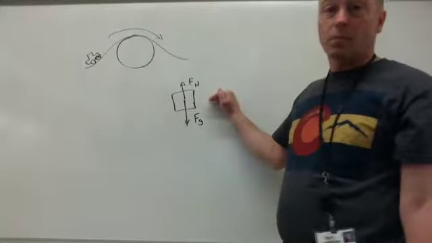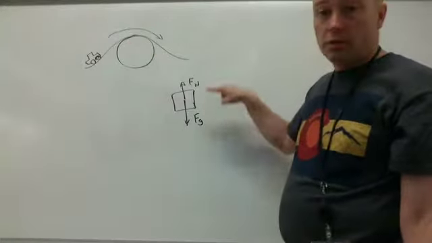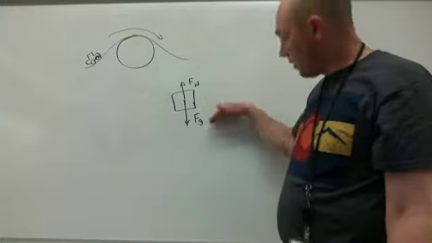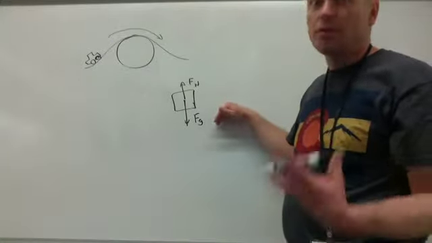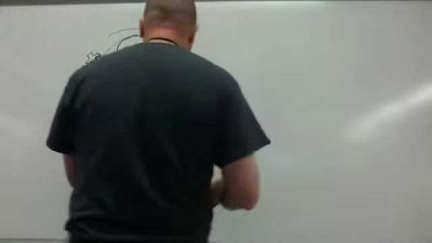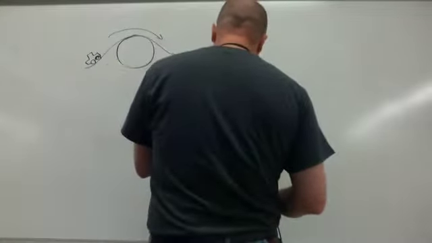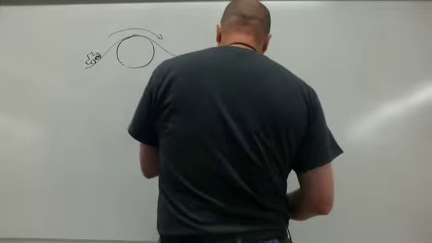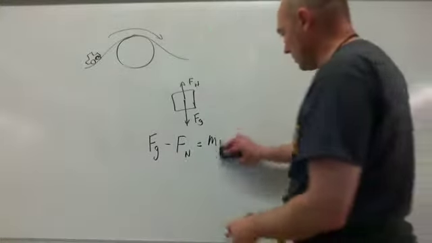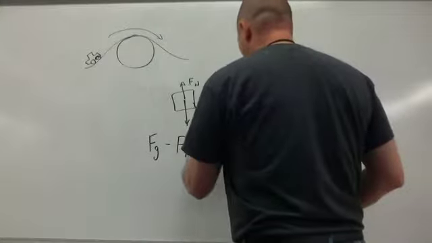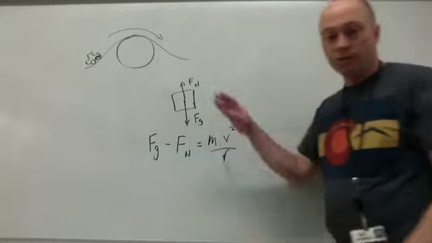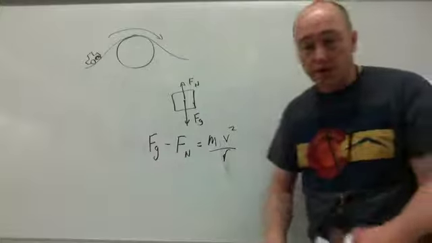So Fg minus Fn equals m a_c, and remember a_c is just v squared over r, linear speed squared divided by the radius. Then you go about solving.